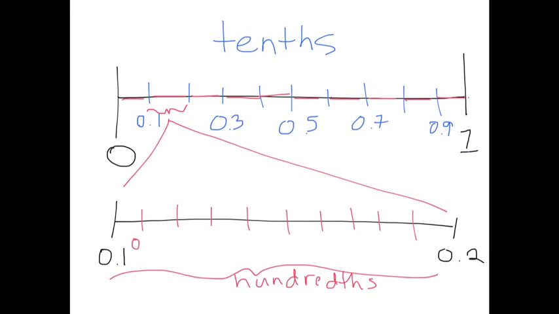So this is 0.1, 0.11, 0.12, 0.13, 0.14, halfway is 0.15, 0.16, 0.17, 0.18, and 0.19, and here is 0.20 or 0.2.